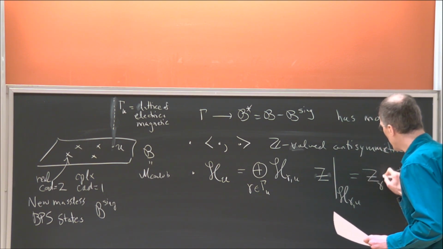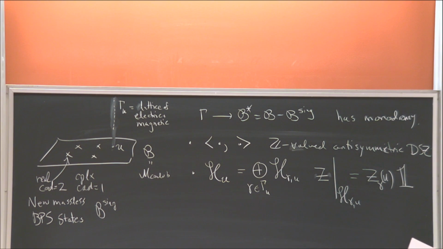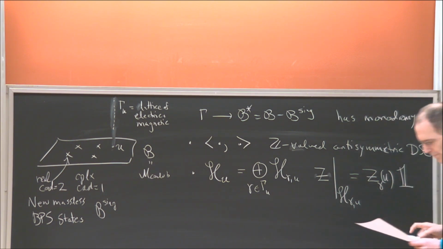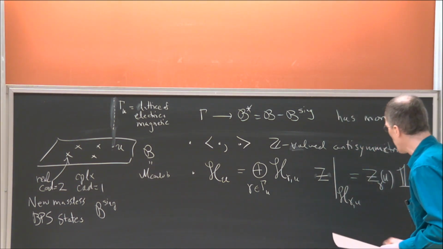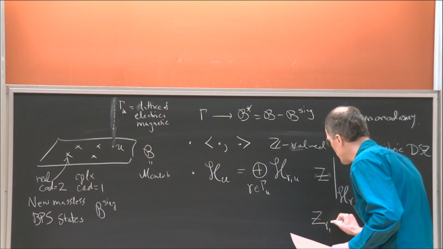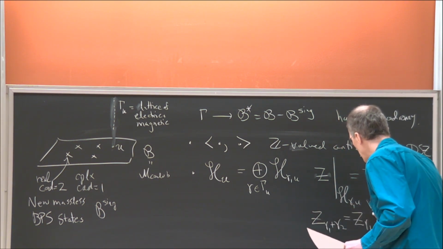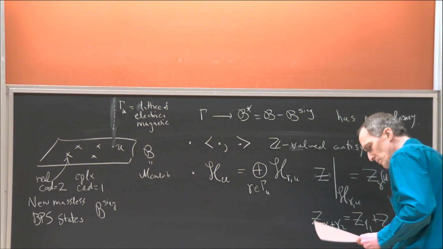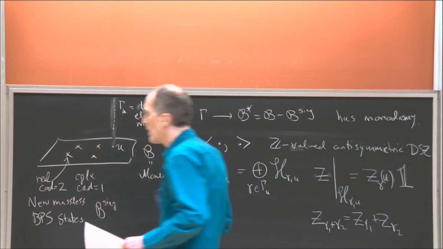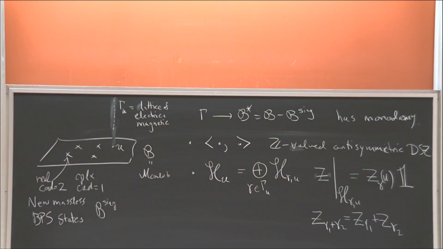And the proportionality constant is a complex number, which depends on gamma and U. That's the n equals 2 central charge. And this will be useful later, it's linear in the electromagnetic charge. All right, so you have those structures, just given n equals 2, d equals 4.